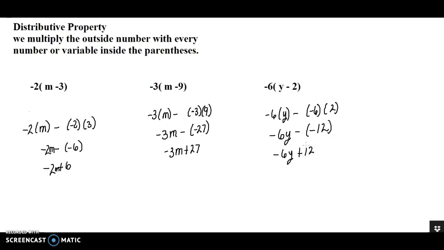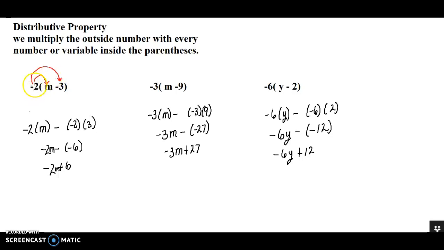Now, some people see it that way, and some people like this method. Negative 2 times the m, and then negative 2 times 3. It's the same thing, but now they're just using arrows to do it.